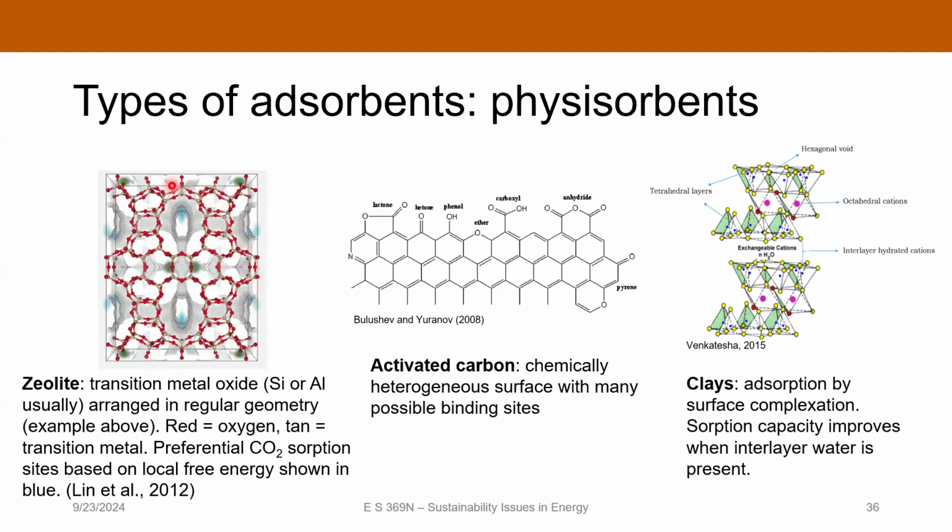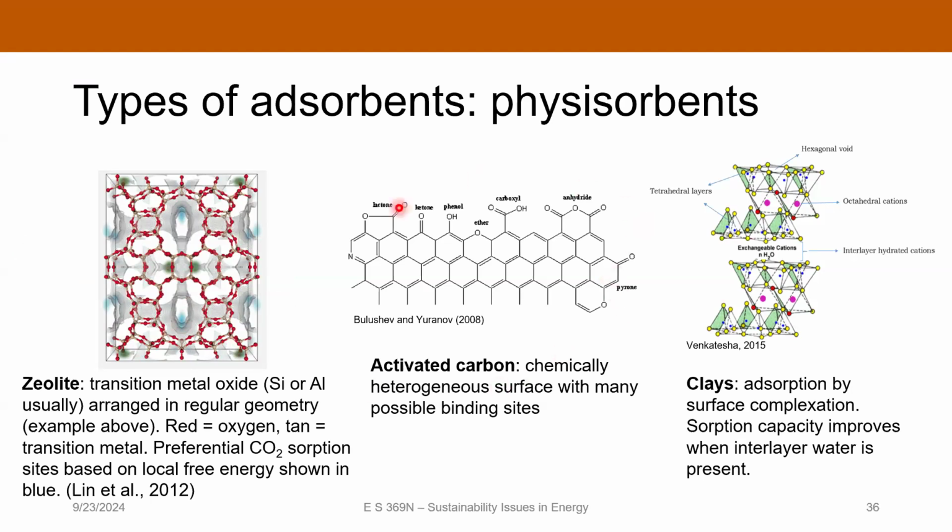This is a molecular dynamics simulation of one particular zeolite. The color scale here has to do with those, we call them potential wells. It's a spot on the crystal lattice where the interaction potentials are such that the CO2 can adsorb there. So you can design your zeolite such that you have more or fewer of those locations.